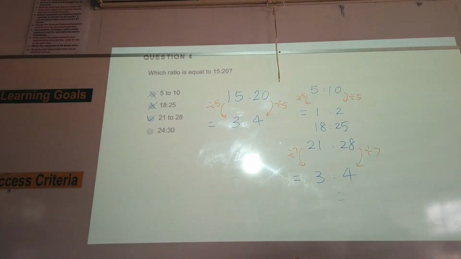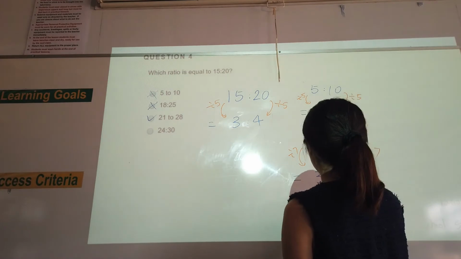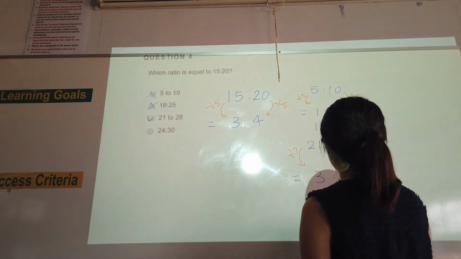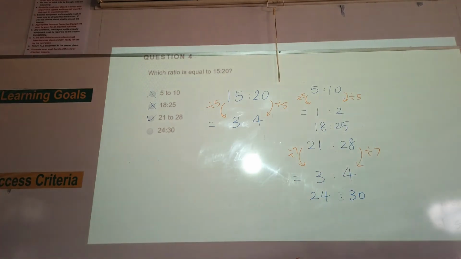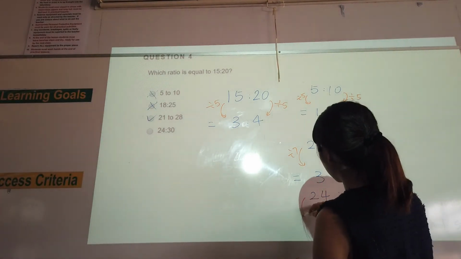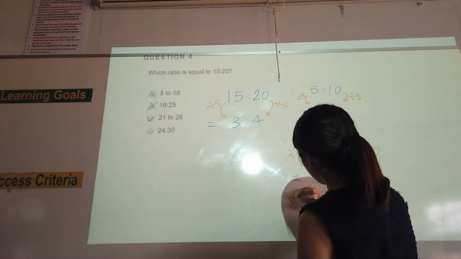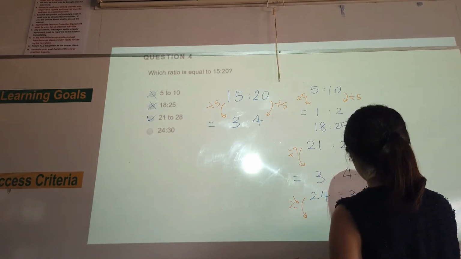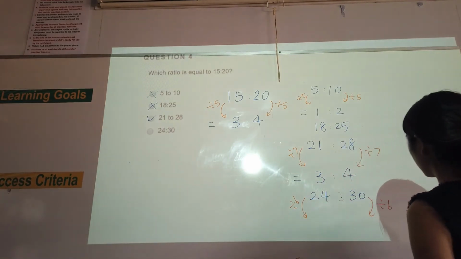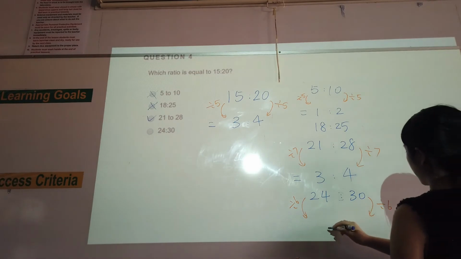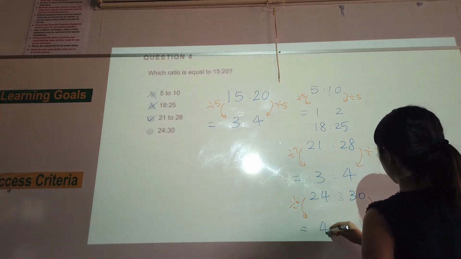Let's have a look at the last one. 24 to 30. What is the highest common factor between 24 and 30? Yes, it's 6. So I'm going to divide both quantities by 6. 24 divided by 6 is 4.